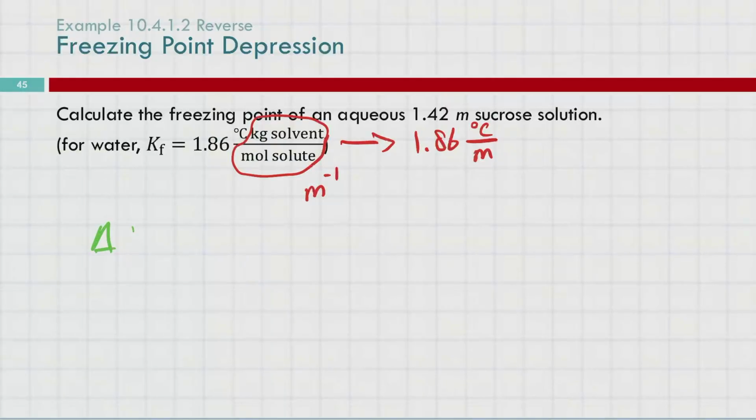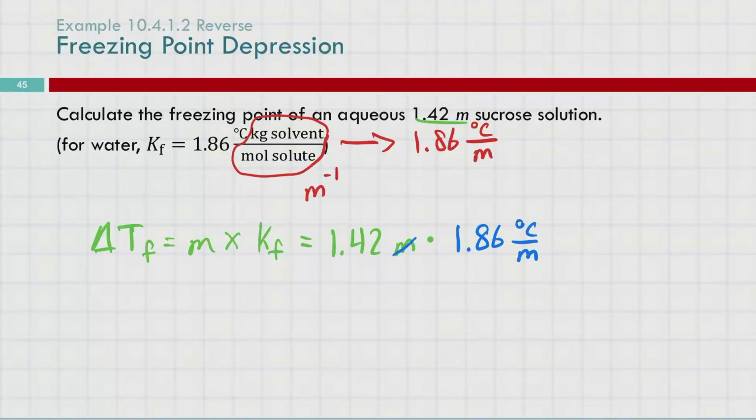All right, so using our delta TF equals lowercase m times K sub f. We've been given molality. We've been given Kf. It's as simple as plugging it in. So 1.42 molal times our freezing point depression constant, 1.86 degrees Celsius per molal.